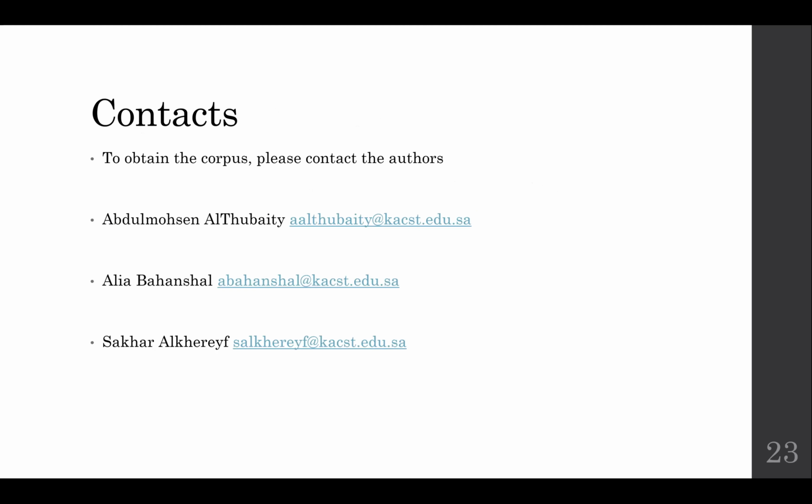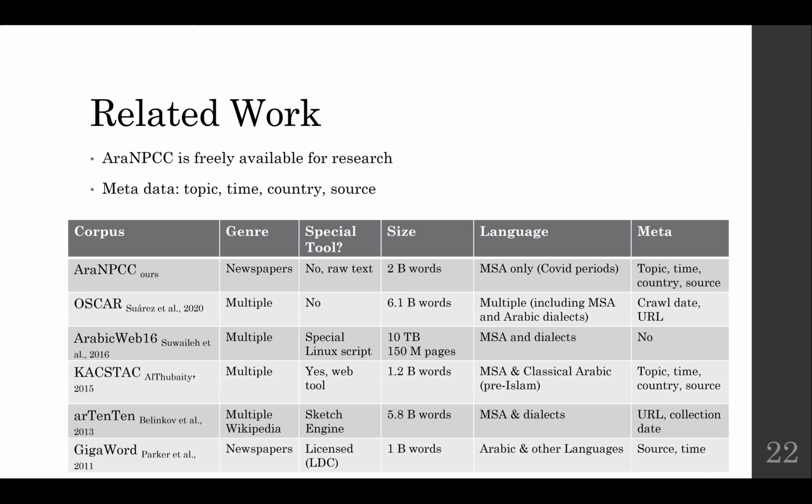Okay, some related work. I'm just focusing here on the most relevant work. OSCAR is one of the largest, perhaps the largest, Arabic corpus. It was crawled from the web, unlike our work, which is just from newspapers. Arabic Web 16 is another web-crawled dataset. Text Arabic corpus is similar to our work in that they have the metadata: topic, time, country, and source.